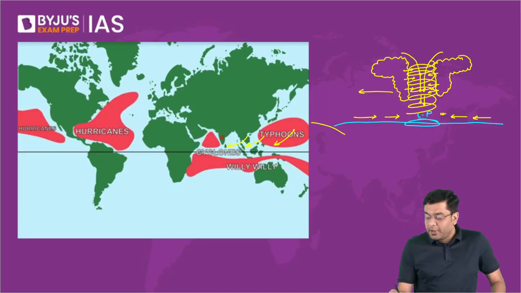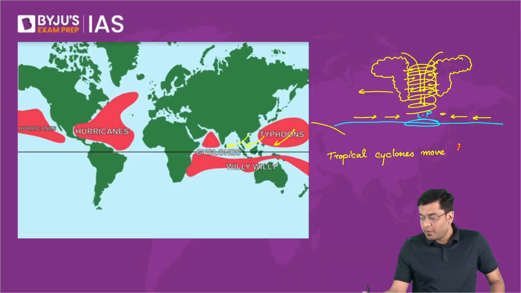So hence, tropical cyclones move from east to west, under the influence of trade winds.